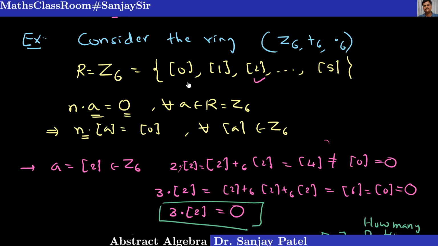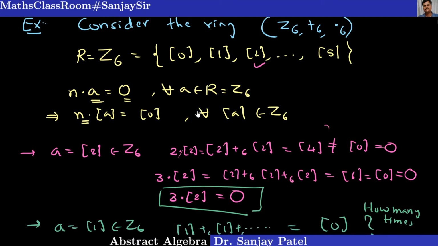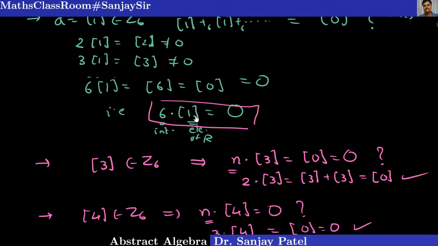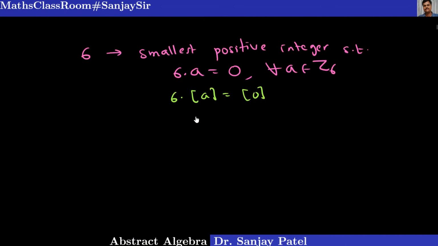So this you can verify for all the elements. If you keep on adding with itself 6 times, then you'll always get 0, and 6 is the minimum positive integer, or the smallest positive integer, for which it works for all the elements of the ring. In short, for 6, we have 6 into a equals 0 for every a in the given ring.